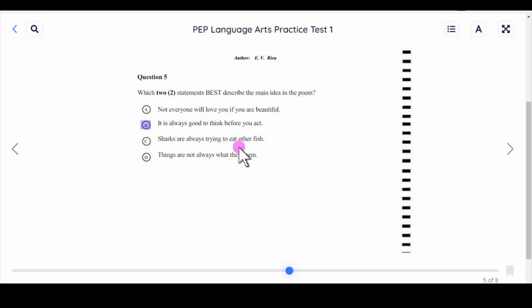Sharks are always trying to eat other fish. Yes, we know that. Let me look at D. Things are not always what they seem. This looks good.